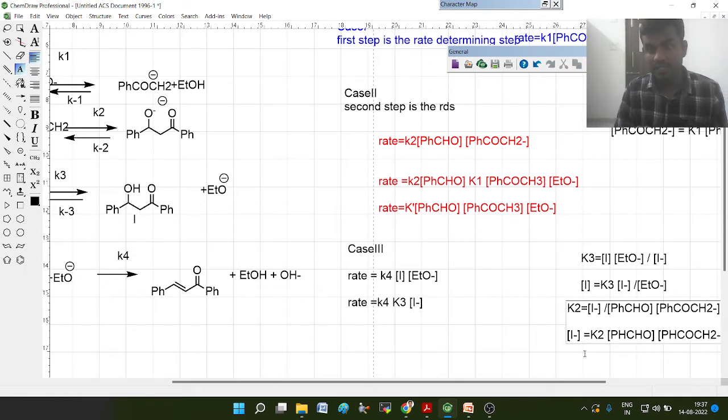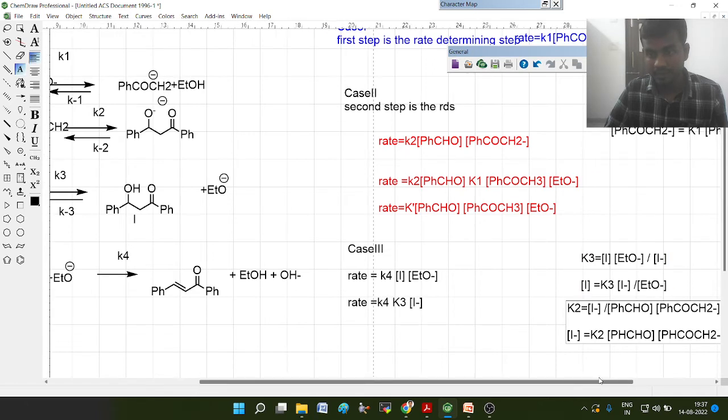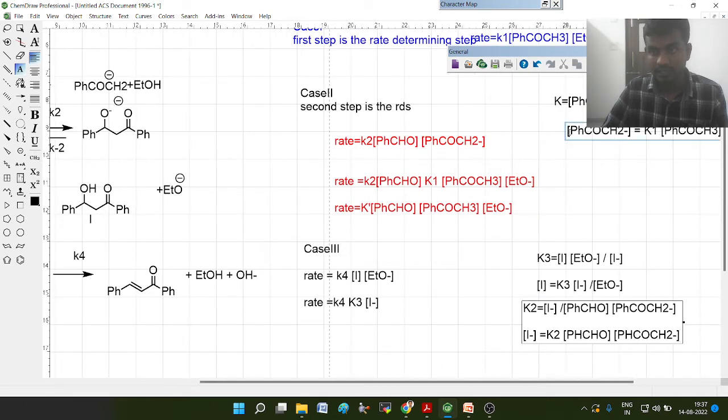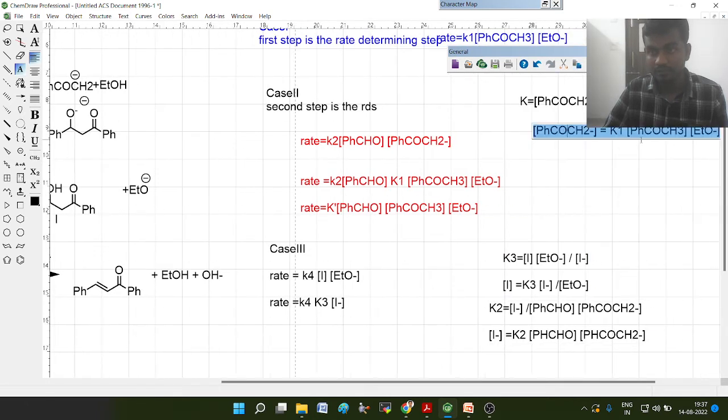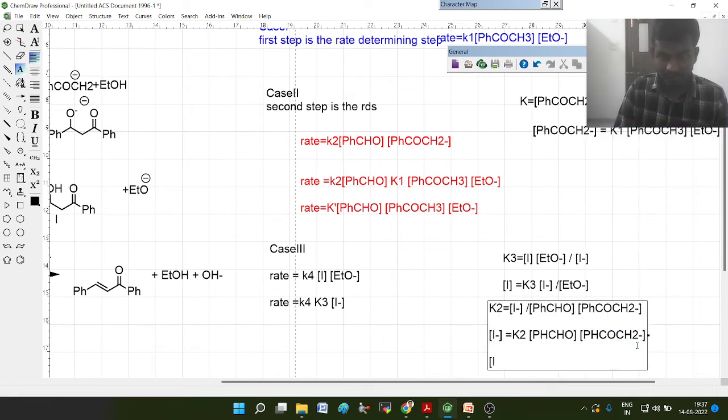This is the situation. And we also know that if you look closely here, the concentration of PhCOCH2 minus can be replaced with this: PhCOCH3 and EtO minus. So I will do that here. Just stay there, we are very close actually.